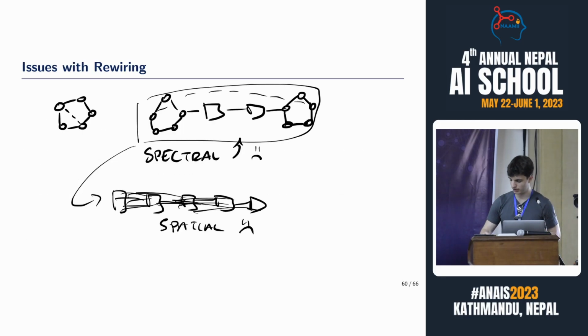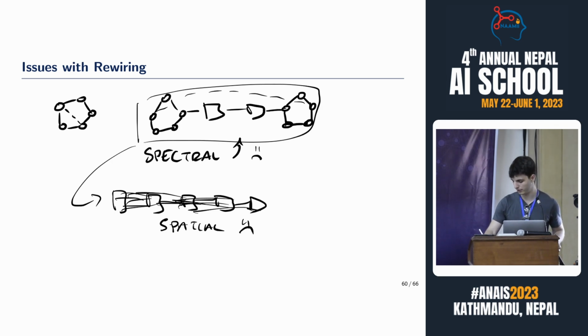And maybe I'll draw this now. So let's say I have a molecule, a very small molecule, right? And I want to do a rewiring. And all I do is try to maximize the spectrum. So this means I will add an edge, maybe that looks like this, okay?